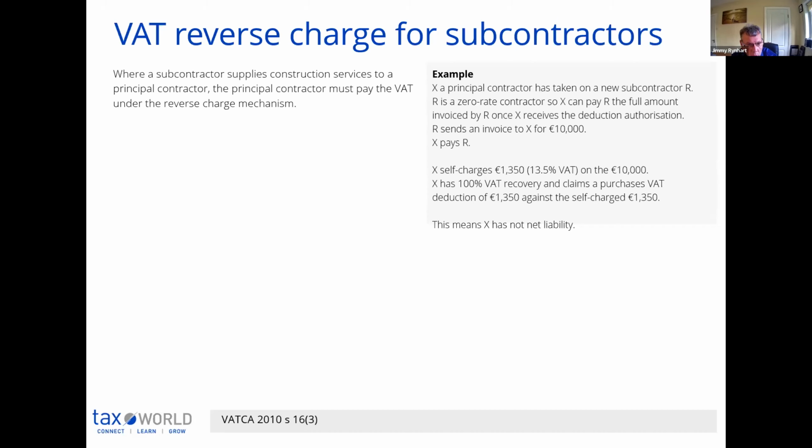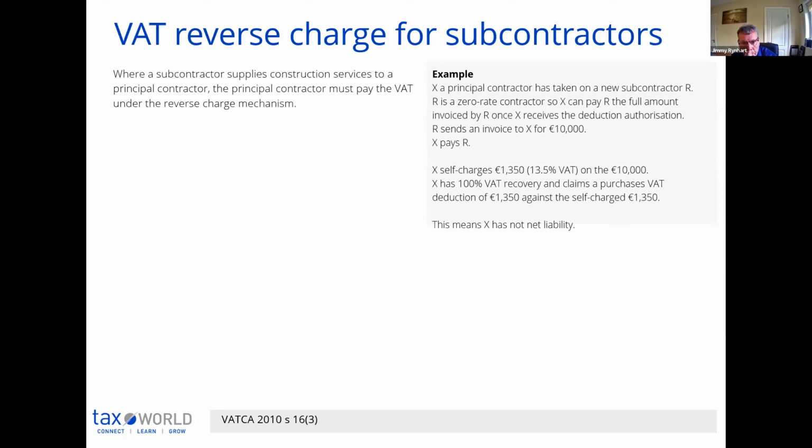But the right thing to do is to make sure that when you make a payment to a subcontractor, you include the VAT in your sales and the simultaneous VAT in your purchases, subject to the normal rules in relation to deductibility generally.